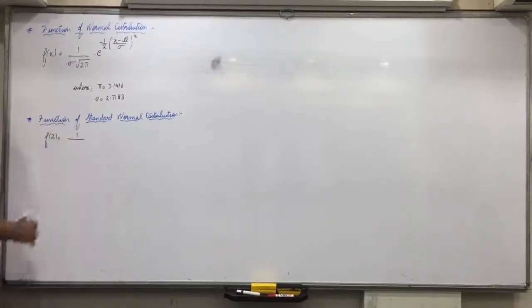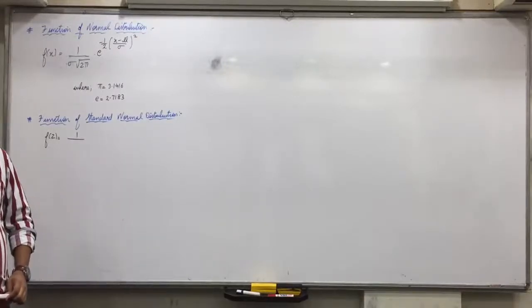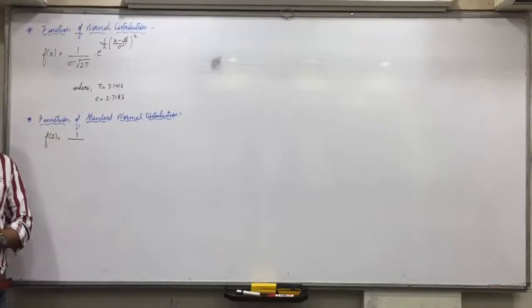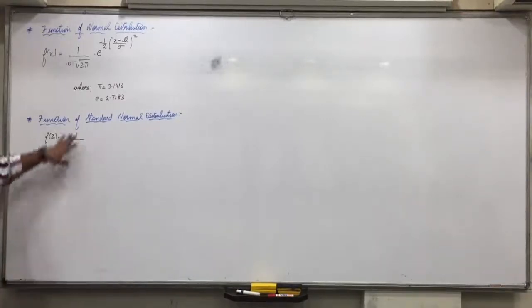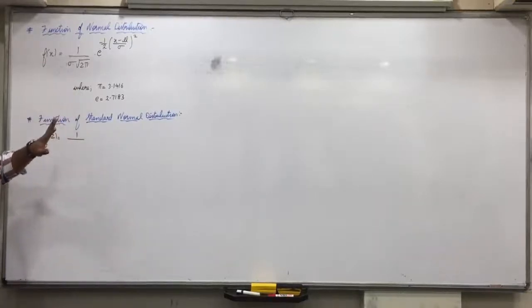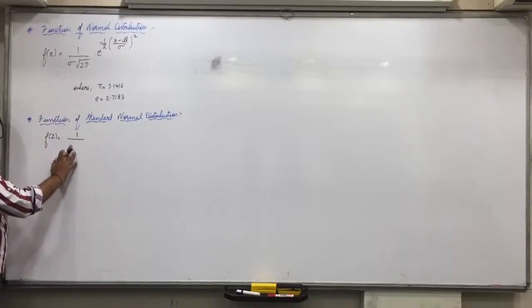Now tell me, what is standard deviation of a standard normal distribution? 1. We studied in the beginning of the chapter, mean of a standard normal distribution is 0 and standard deviation of a standard normal distribution is 1. So if sigma is 1, do I need to write that?